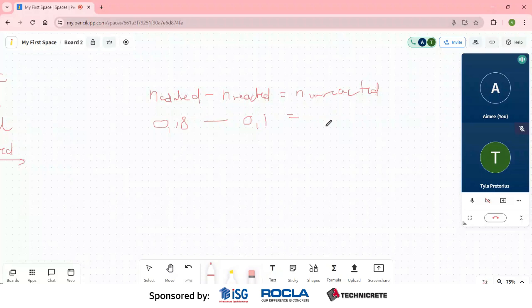So we say 0.18 minus 0.1, which means that the moles unreacted is 0.08 moles of HCl unreacted.